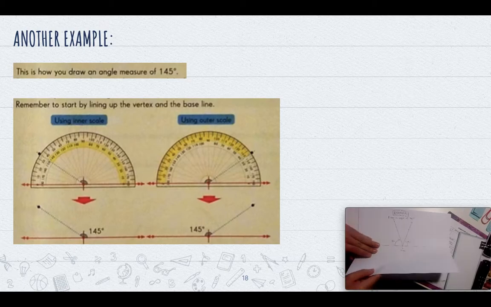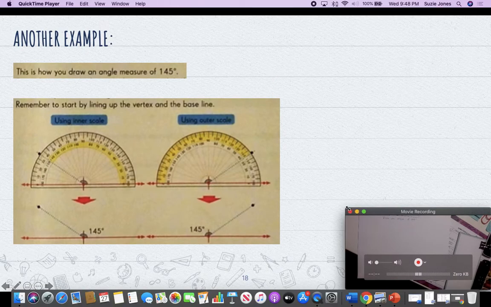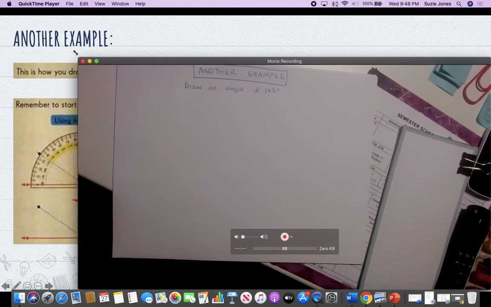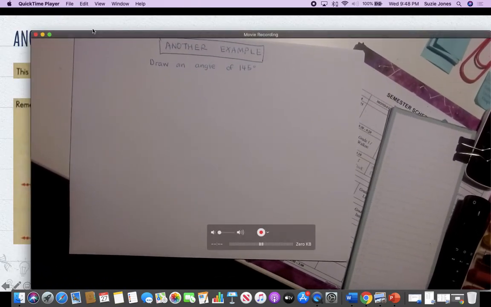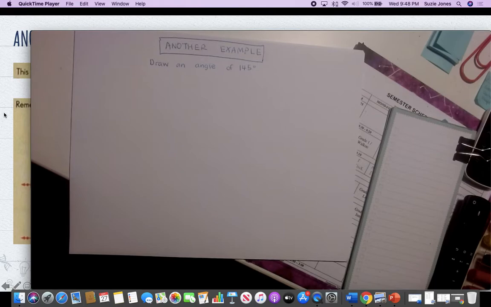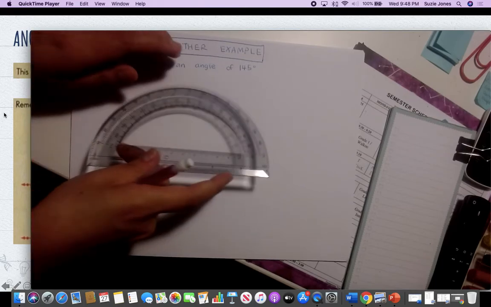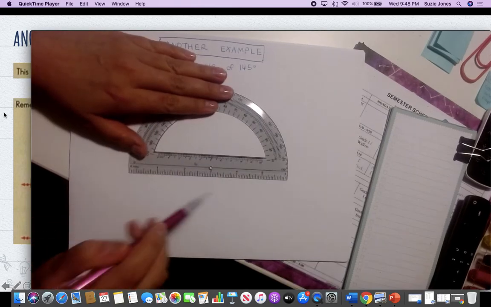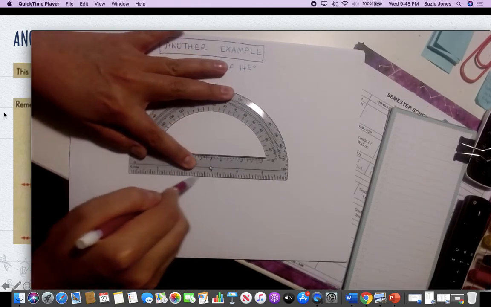Okay, so I'm going to move this. And let me just make this a tad bigger for us, like right here, okay? Now what we're going to do is start with a line. So I'm going to use my straight edge to draw a line.